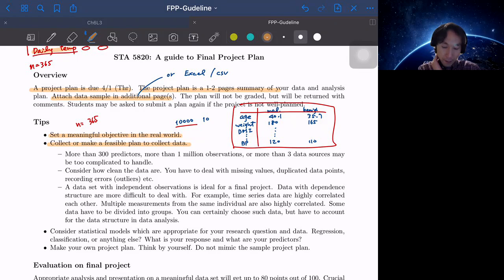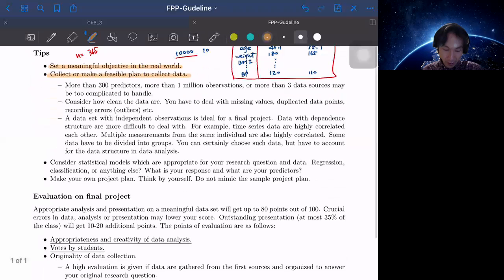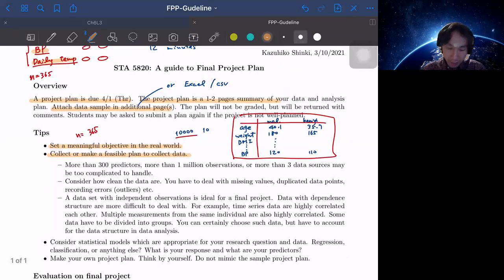And yeah, you can also bring the data from a data repository, such as the UCI data archive. Maybe I have to discuss the data source later. But set a meaningful objective, and do not use the same objective as the data competitions.